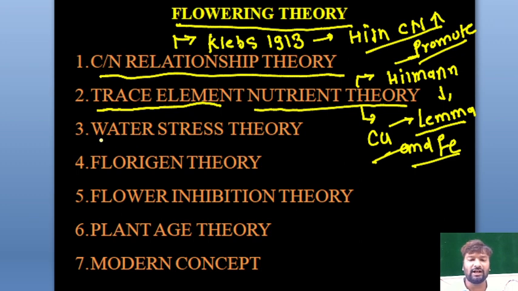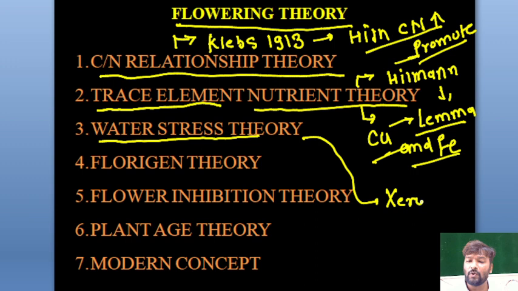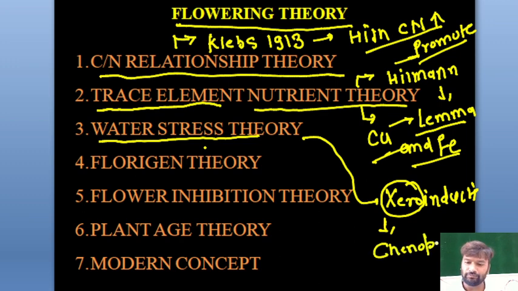Then the third theory is the water stress theory. So what does this theory say? This theory says that there is zero induction. What is zero induction? It means drought or water stress induces flowering in Chenopodium or Cichorium. So in this, water stress promotes flowering.